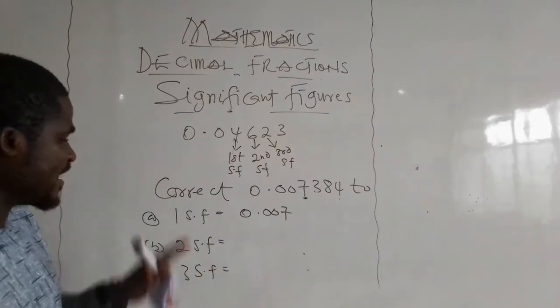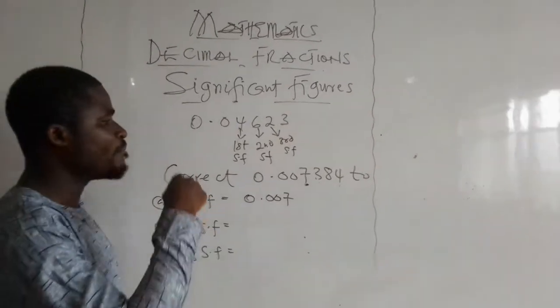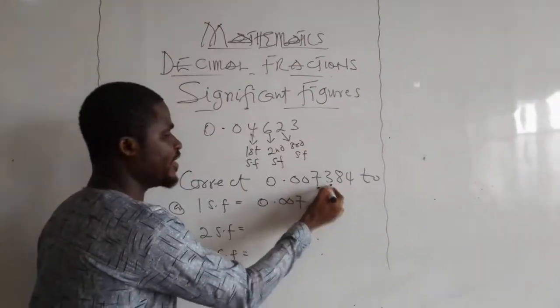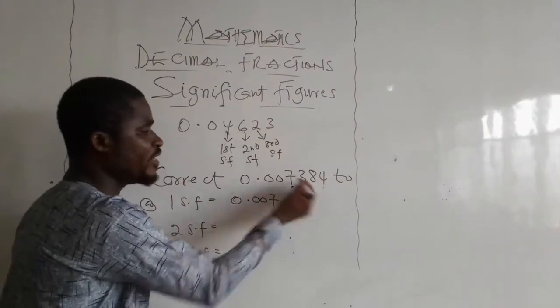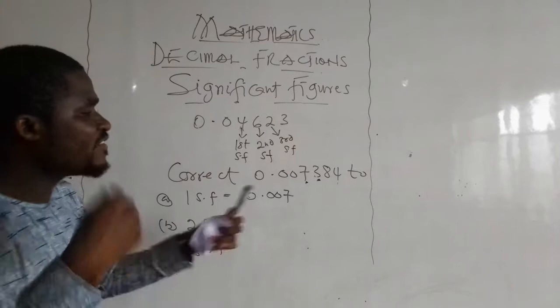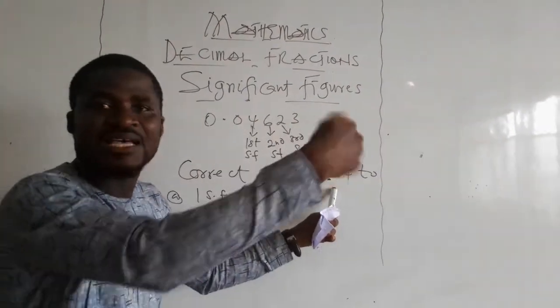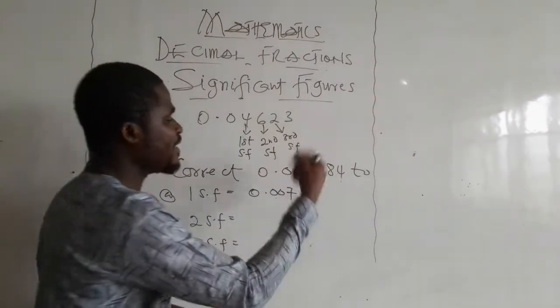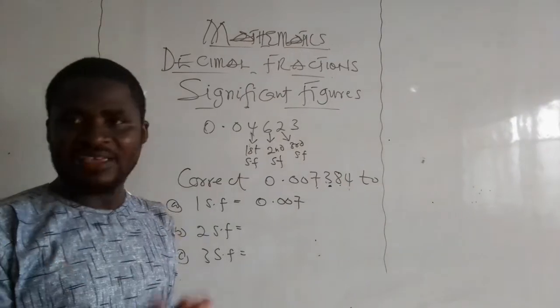Now let's go to the second SF. The second significant figure. My first SF is the 7. My second will be the 3. Now, after identifying your second SF, look at the next number at your right hand side. Now, the next number is 8, and 8 is more than 5.